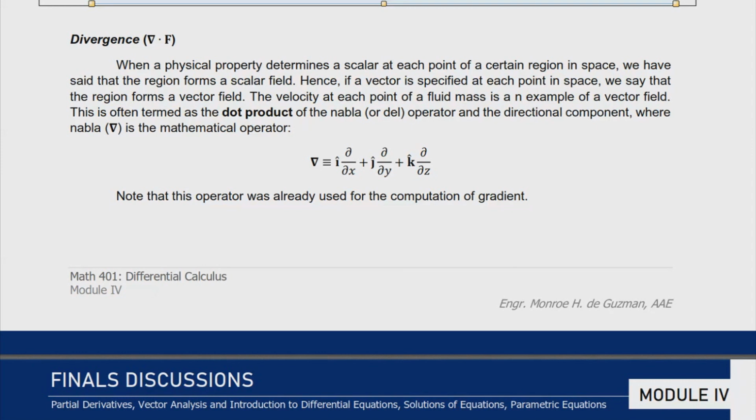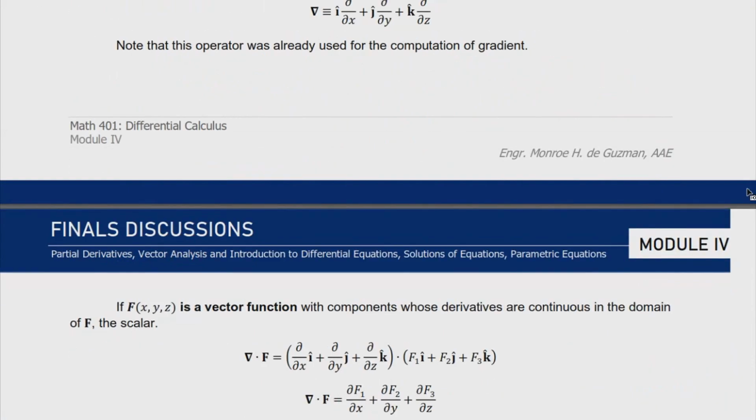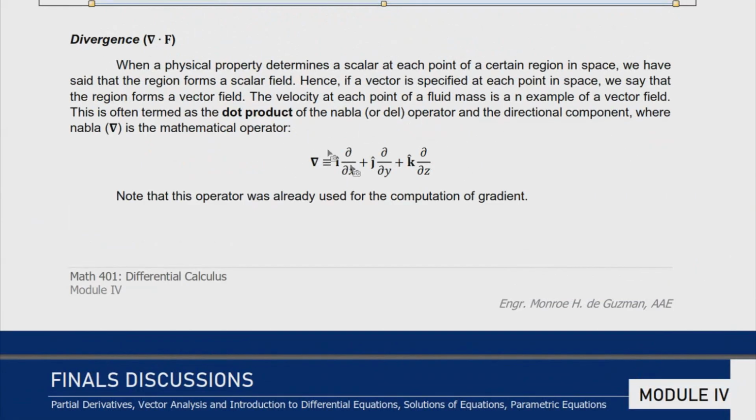For every vector field that we have, if we take the component of each of them using the dot product of the nabla operator, then we'll be able to get the divergence of that, which is actually a scalar field. So to give you an idea again of the nabla, this is identical to this expression.